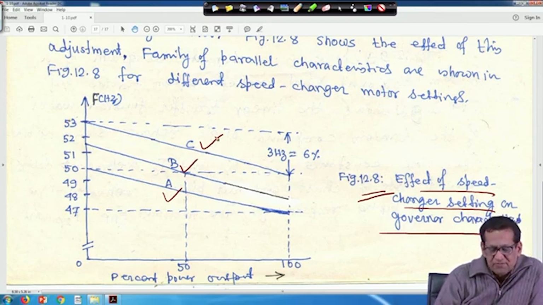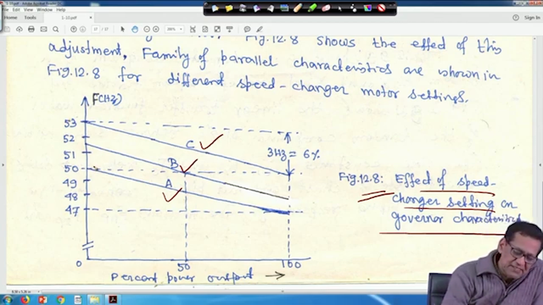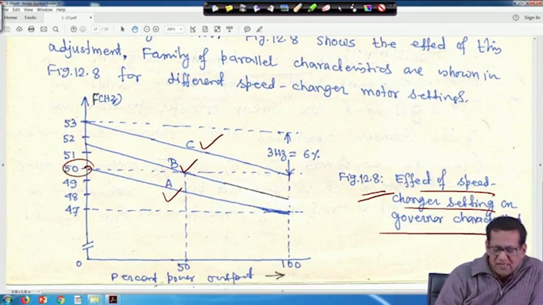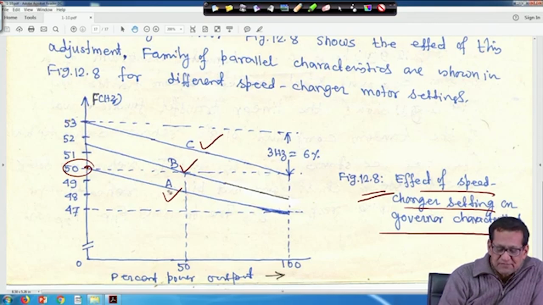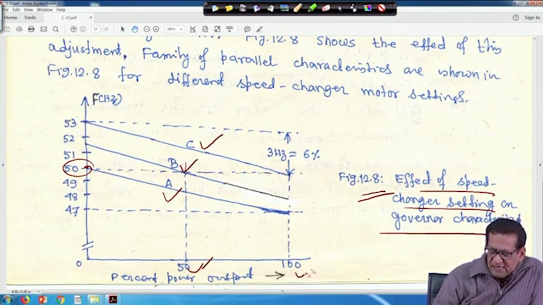Now, when it is operating at nominal system frequency, say 50 hertz, the power generated is 0 for A. At 50 hertz, for B it is 50%, and for C, look at this dash line, it is 100%.